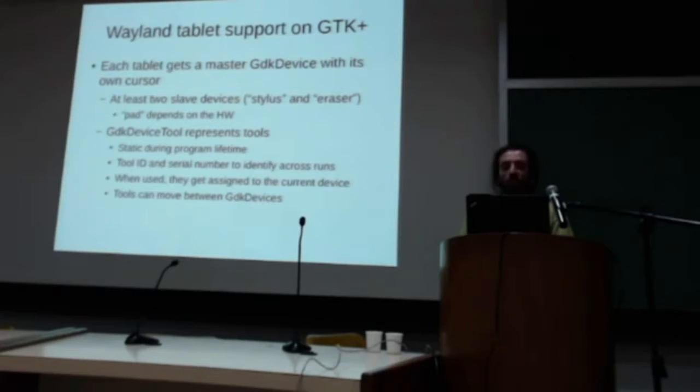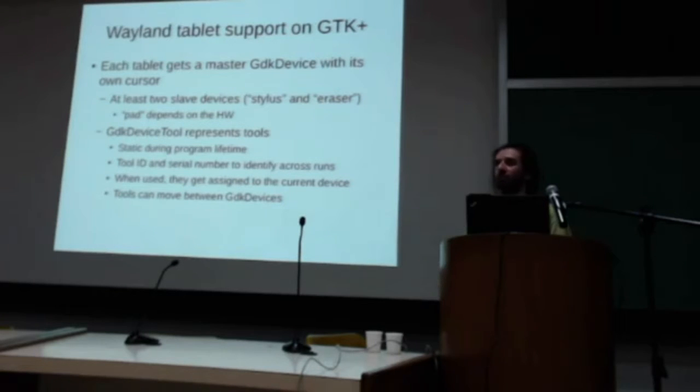A new entity in GTK would be the GTK device tool, which actually represents the stylus, and it's the entity where you can get the serial number from and whatnot. It's static during the program lifetime, so it's unchanged. You can actually use it as a fixed pointer or as a key in tables and whatnot.